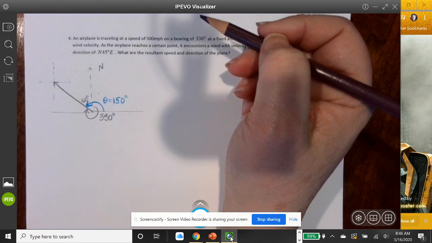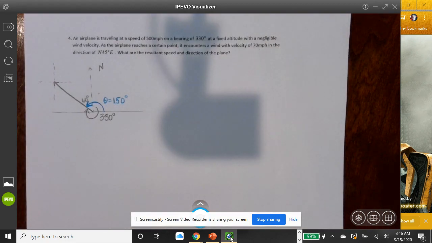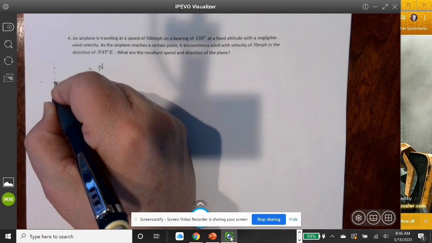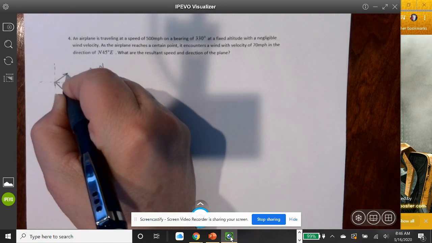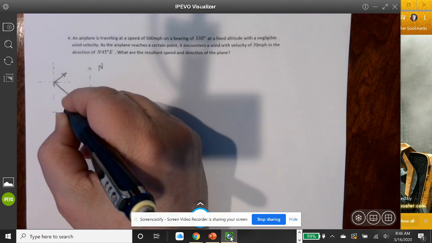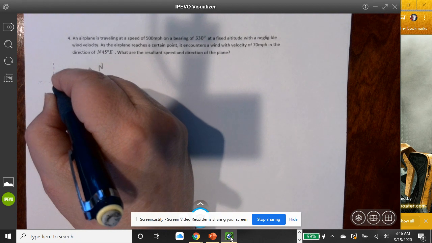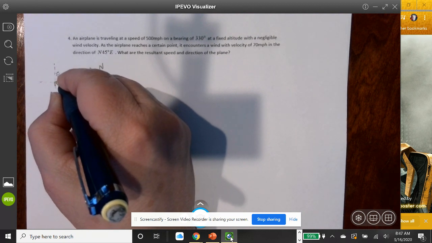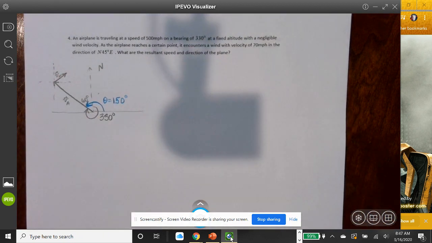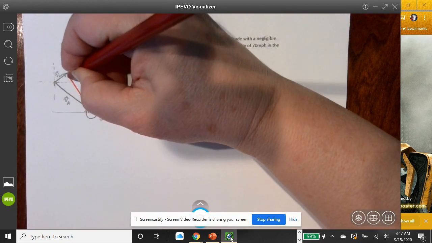And at a bearing of 45 degrees east of north, well, 45 is right in the middle. I'm going to draw it shorter, right, because it's a wind. Okay, so this is the velocity of the airplane. This is the velocity of the wind. And the resultant, obviously, would be if I connected the tail to the tip.